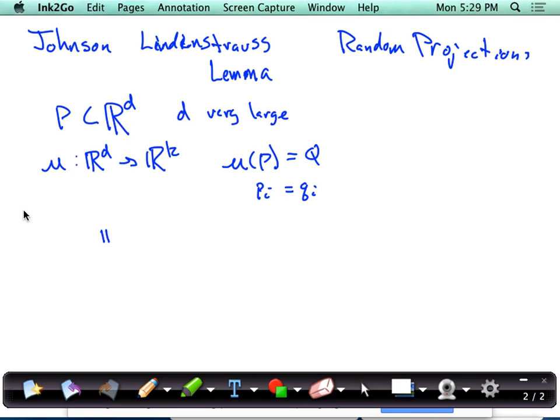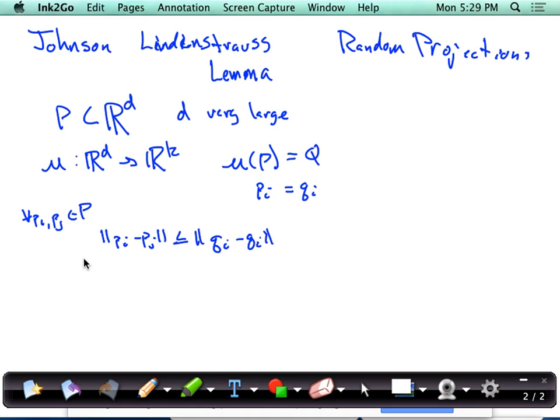So look at, for all points Pi and Pj in our point set, the distance between Pi and Pj, and we want this to be similar to the distance between Qi and Qj.